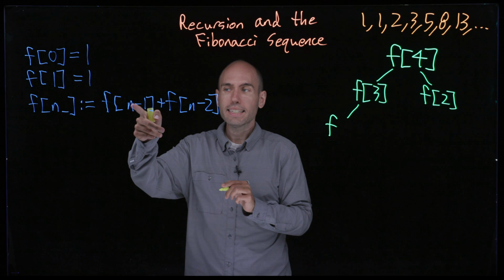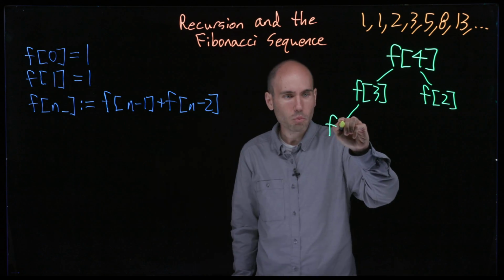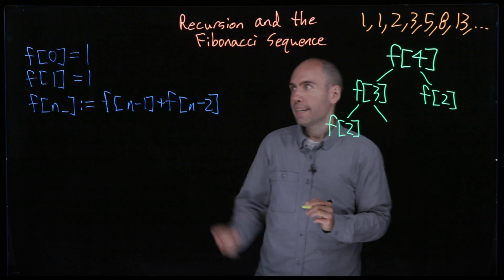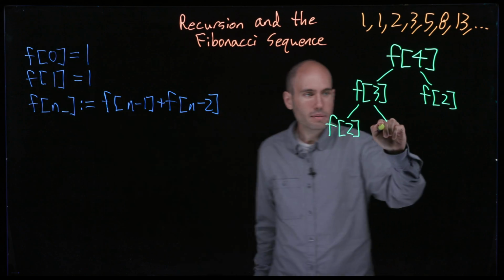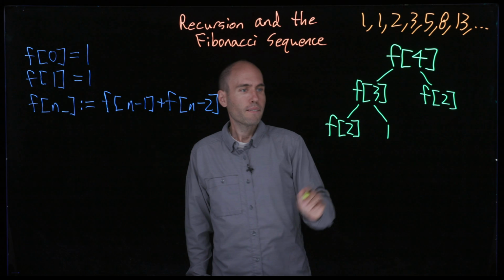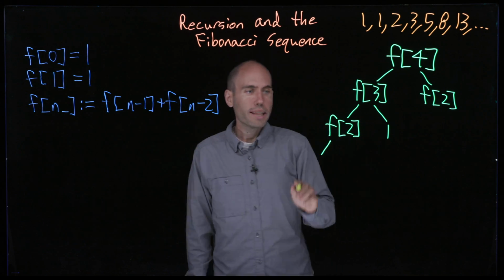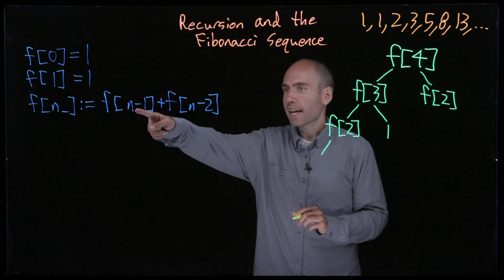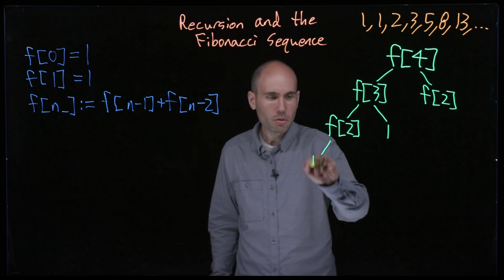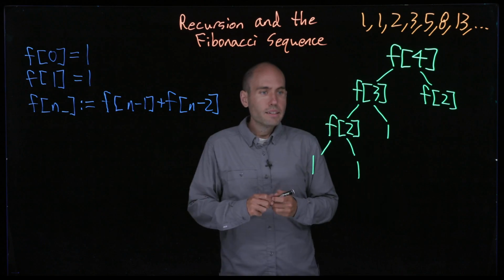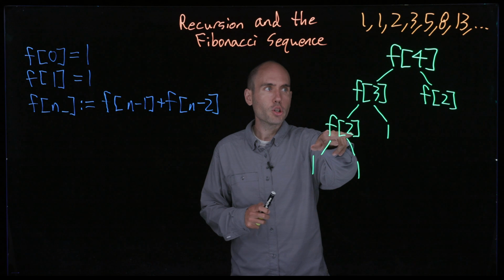F bracket 3 equals f bracket 2 plus f bracket 1. And f bracket 1 it does know. Okay, so that's 1. And what about f bracket 2? Well, that's going to be f bracket 1 plus f bracket 0. So that's going to be 1 plus 1. And so f bracket 2 is 2.